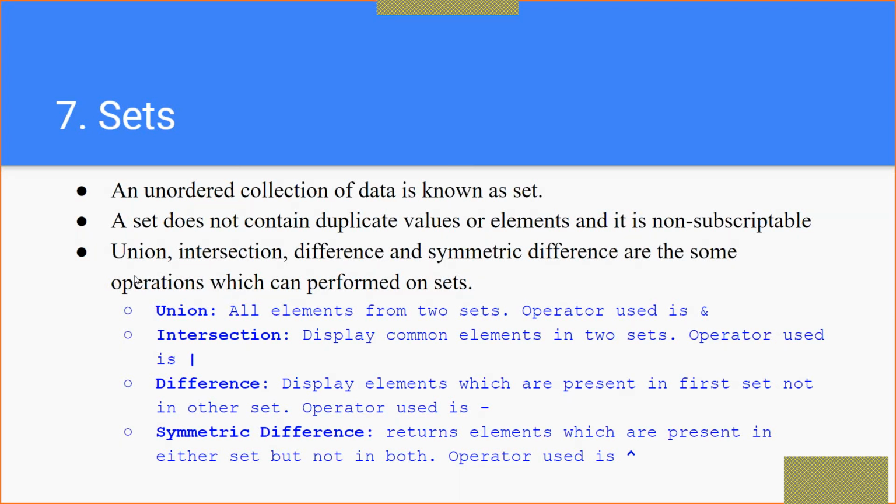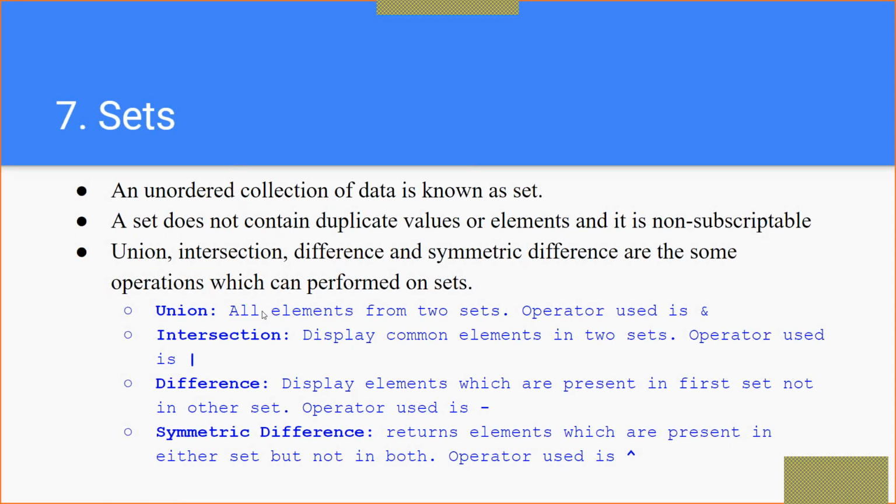And these are the operations we can perform on sets: union, intersection, difference, and symmetric difference. Now see, union means all the elements from two sets, the unique elements. If you have two sets, whatever the unique elements are, we get them in the union.